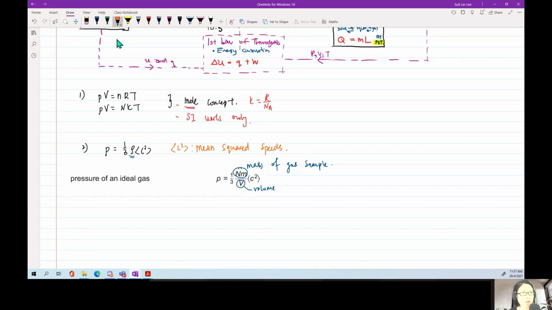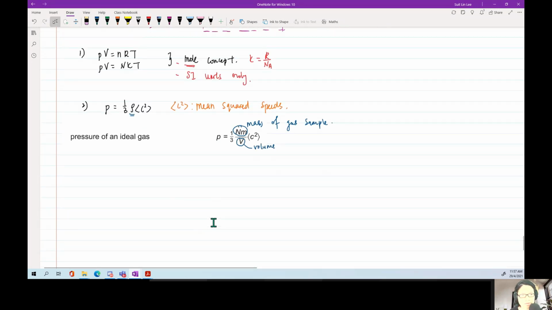So what we need to do is derive some stuff. I will quickly show you the derivation because the steps are fast, so you should be able to do it. Step 1, you see PV is equal to 1 over 3 Nmc square. Step 2, you see PV is NkT or nRT. Let's use NkT.